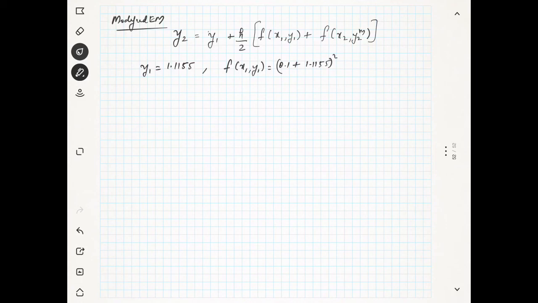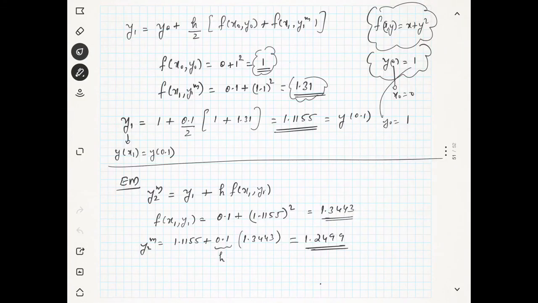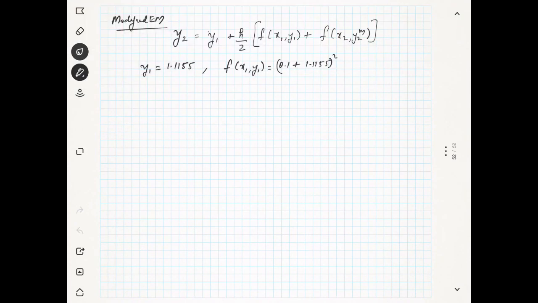You have already calculated it. It is nothing but 1.3433.